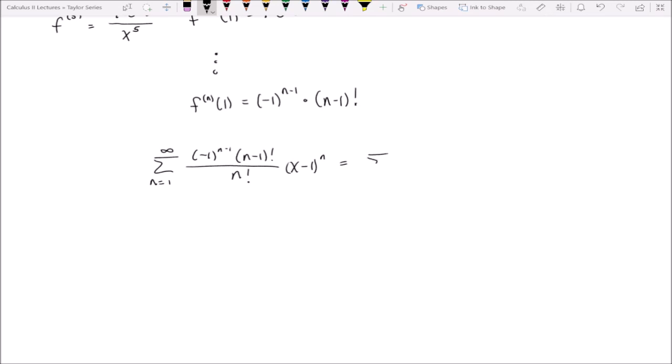This, of course, can simplify. Negative 1 to the n minus 1 over n times the quantity of x minus 1 to the n. I want to determine the interval of convergence.